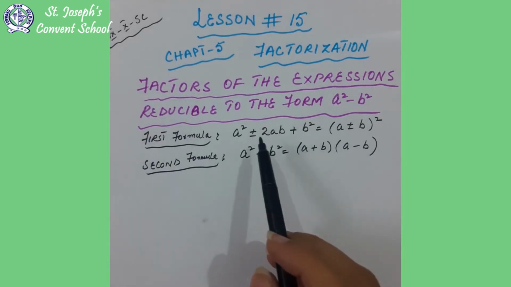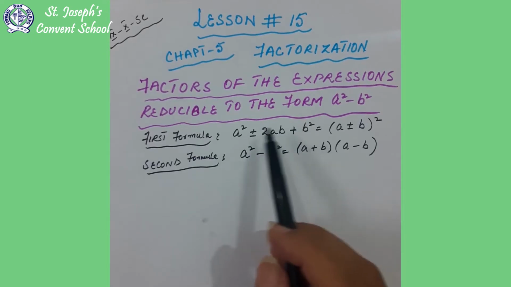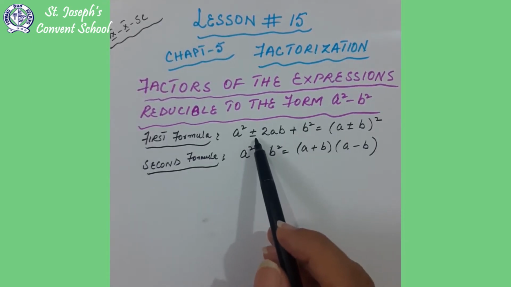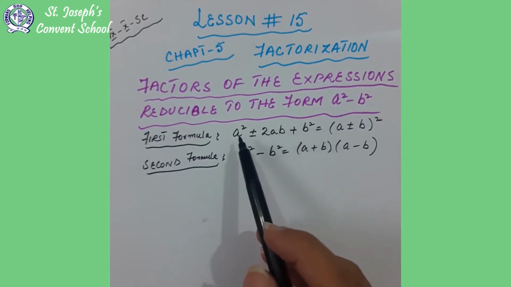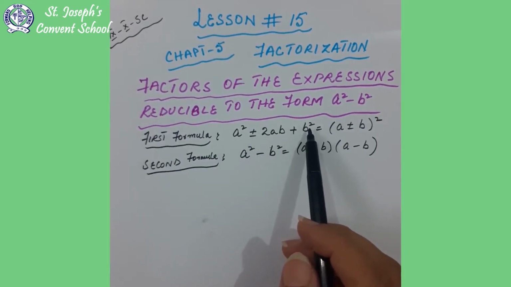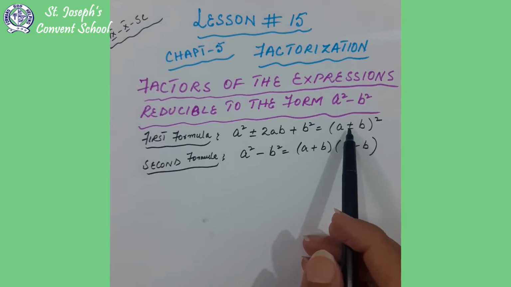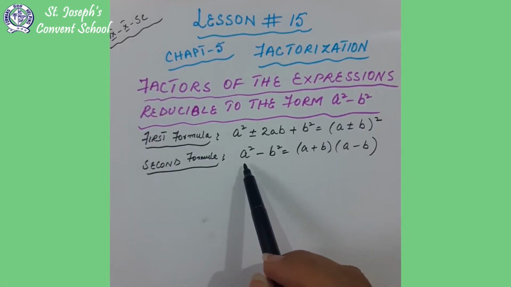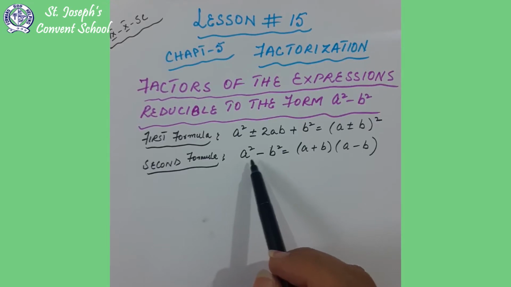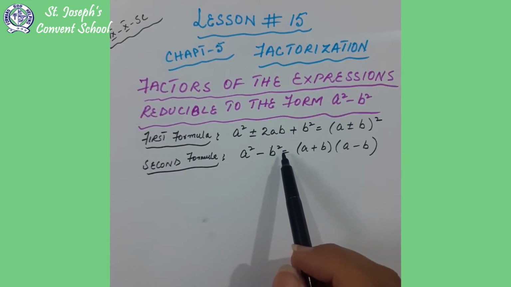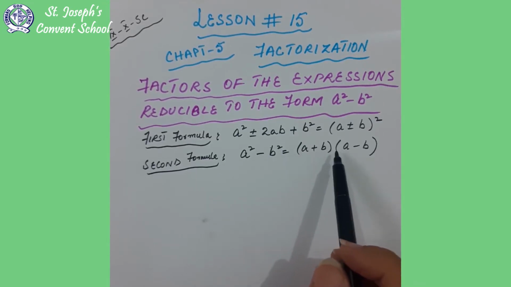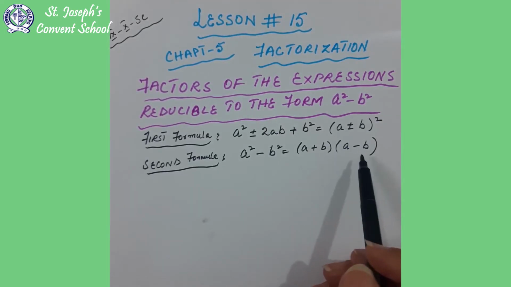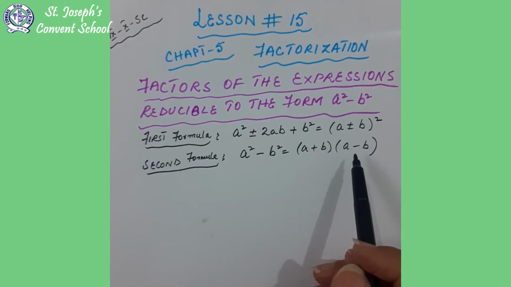First you will arrange the question in this form: a square plus 2ab plus b square, or a square minus 2ab plus b square. Then change it into a plus or minus b the whole square. Second step, you will arrange the question in a square minus b square form, and the answer will come in a plus b and a minus b form. This is the last step.